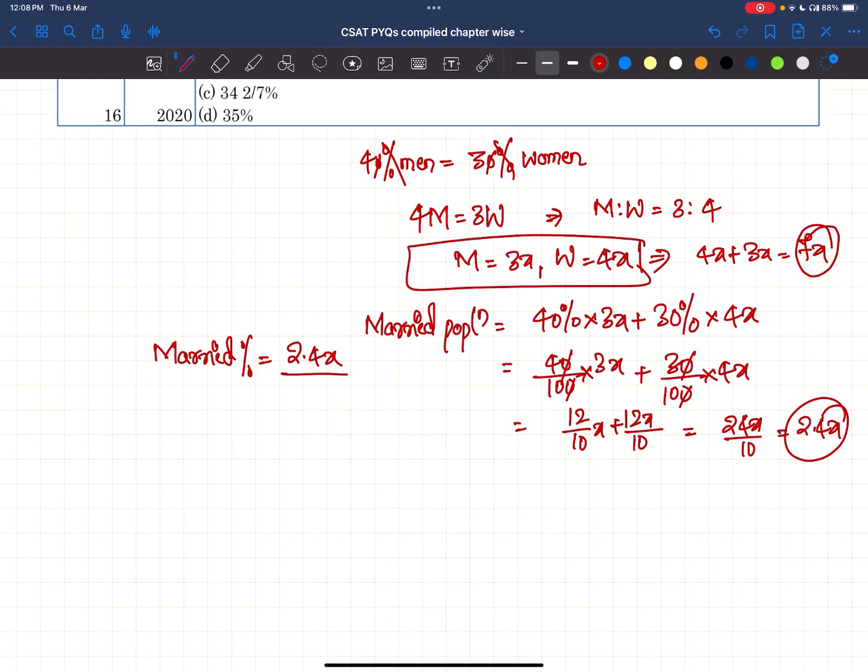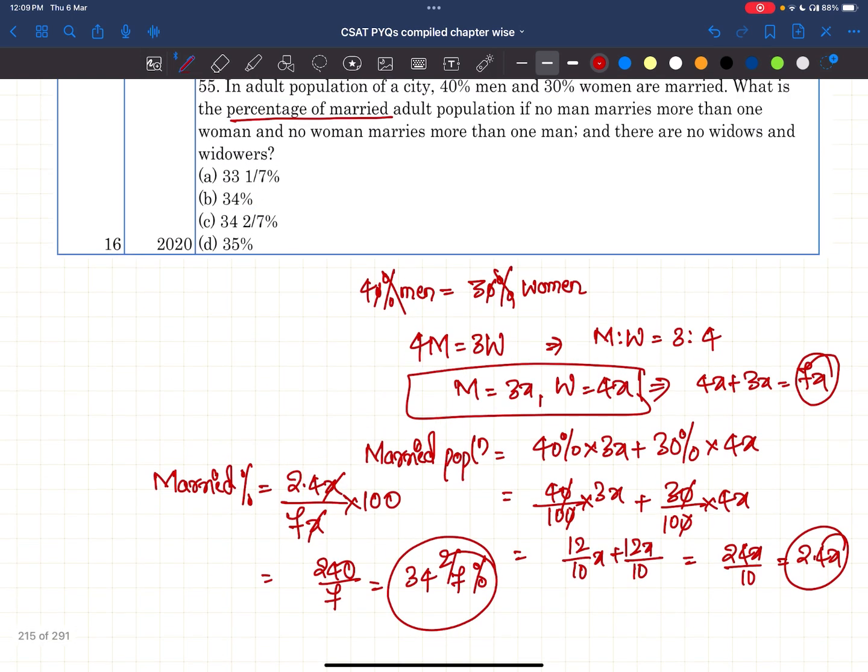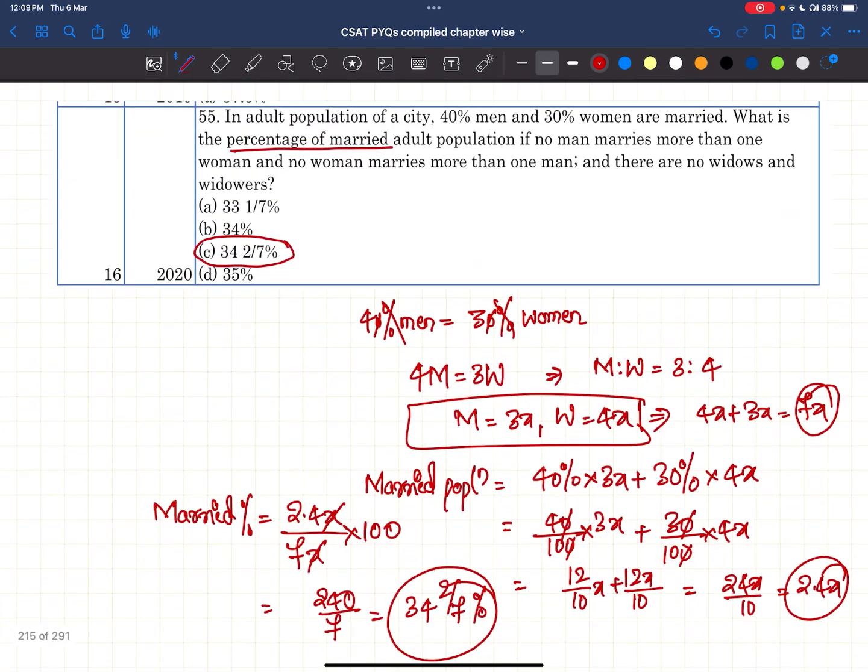Now, into 100, we'll get how much? 240 by 7, that is equal to 34 2 by 7 percentage. Answer is this. Right. Now, let's go to the next question.